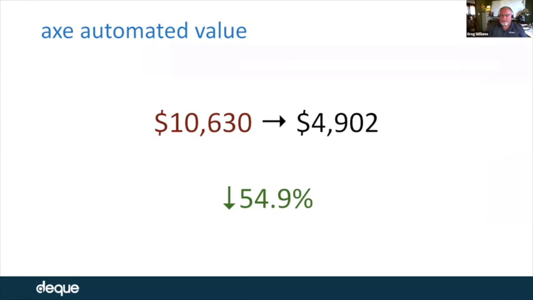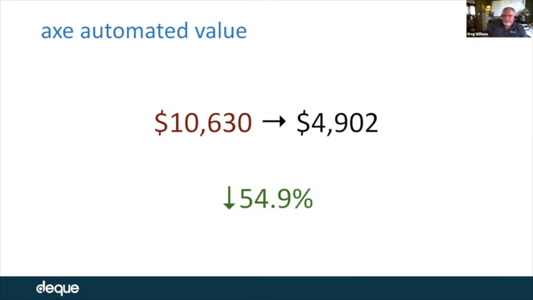If we look at 10,630 per page in this instance, and say that had they used Axe and become Axe clean in this automated fashion, just pushing the button, with no manual testing required, it covers about 50% of everything that's there. You get about a 54.9% drop in the cost of your page from that Fortune 50 example. So 10,630 down to 4,902.